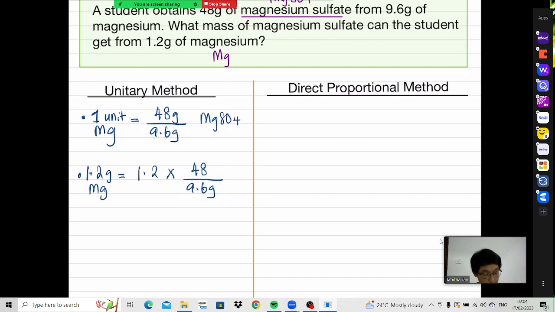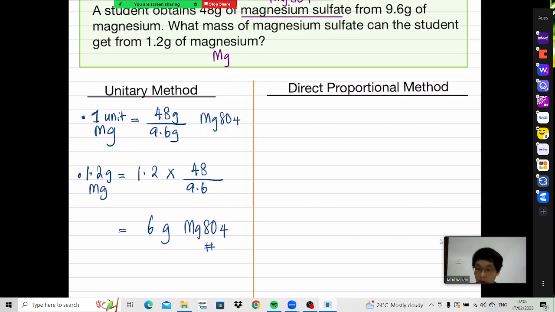Of course now the gram unit is no need to be there. So 1.2 times 48, then divide by 9.6, that gives you 6 grams of magnesium sulfate. There you go. So this is the unitary method. Now let's go to the direct proportional method.